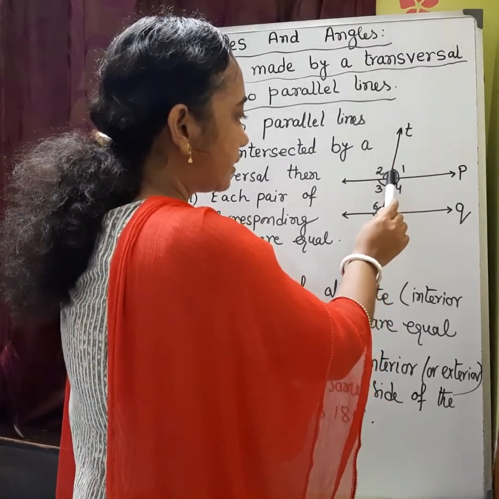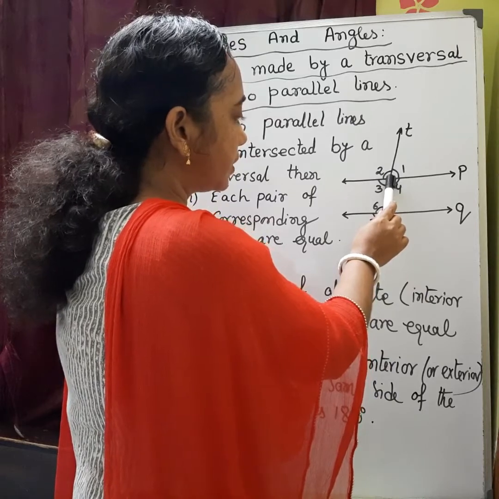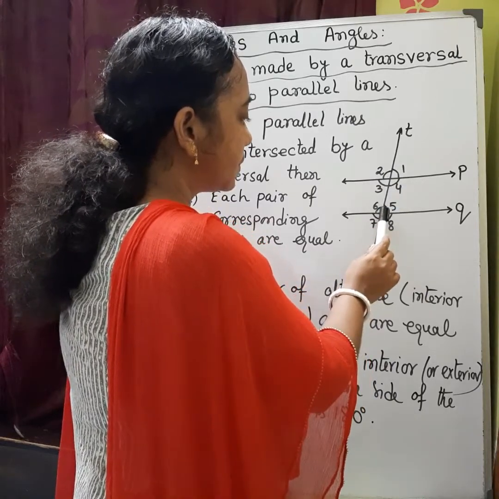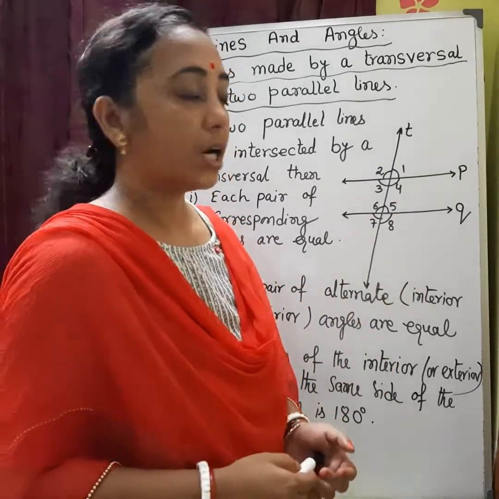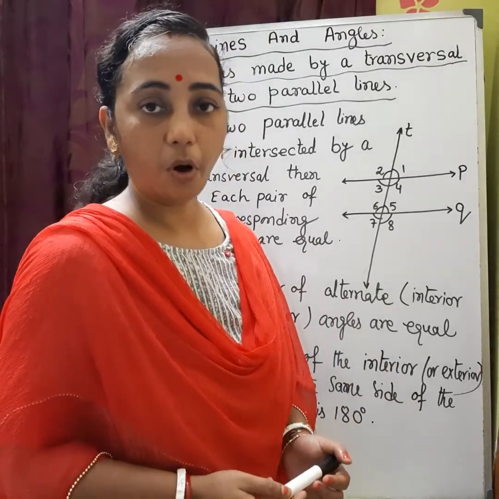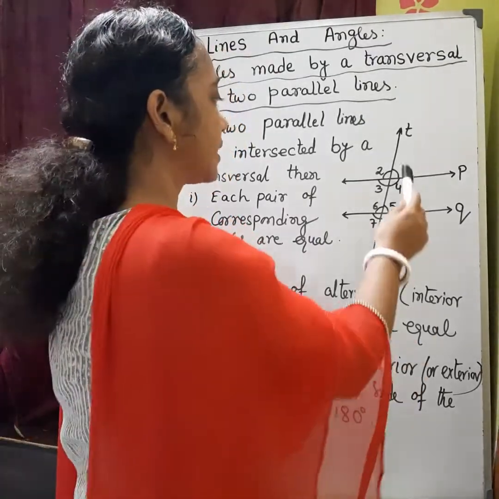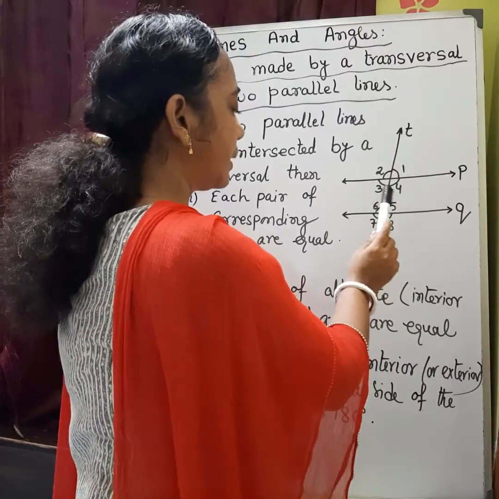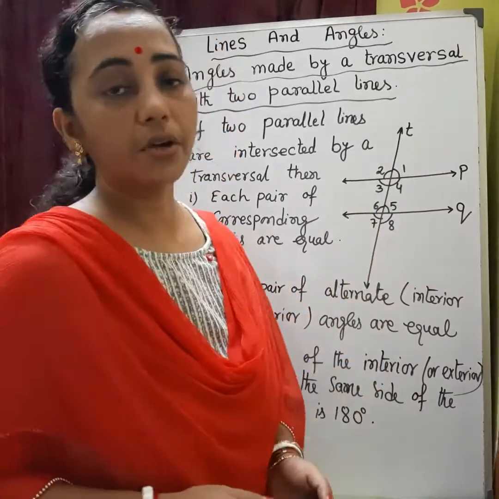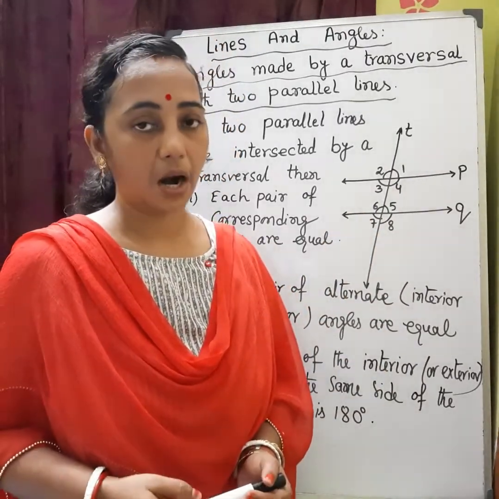Let these points of intersection be A and B. Then we see that a total of 8 angles are formed: angle 1, 2, 3, 4, 5, 6, 7, 8.